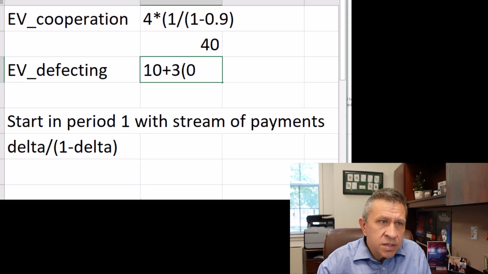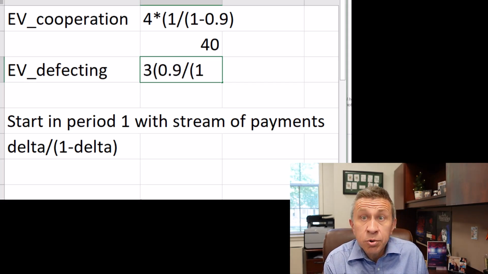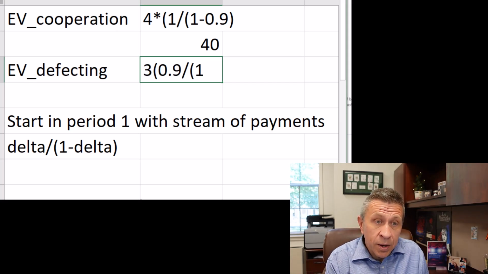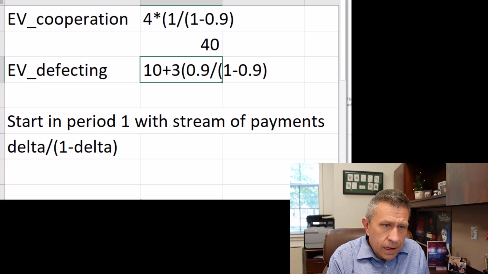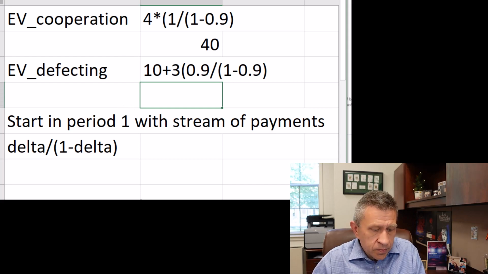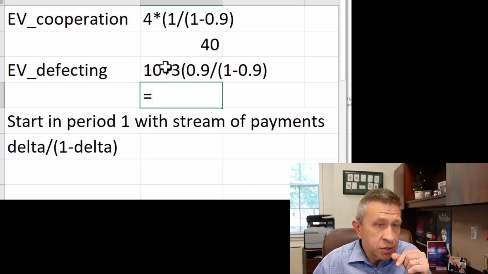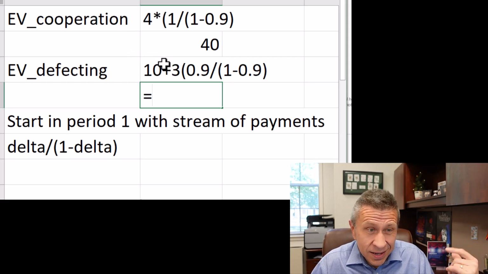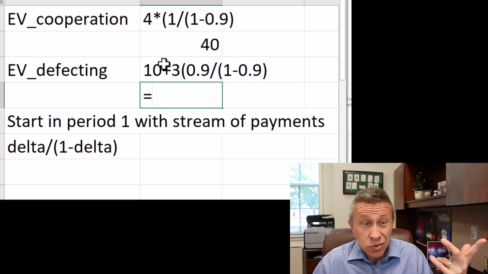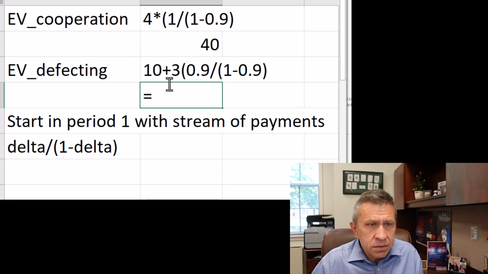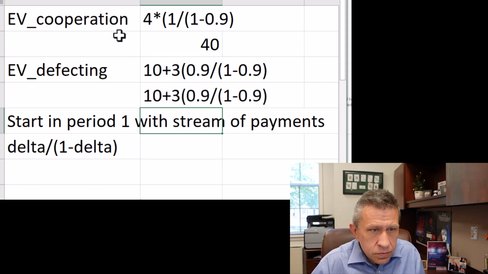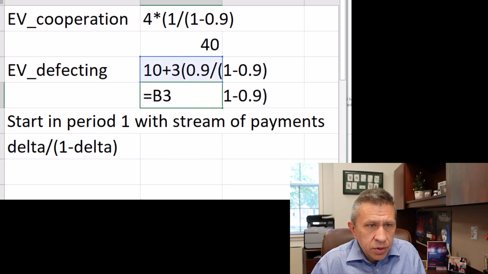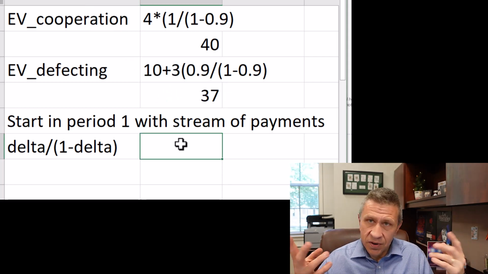So that's 0.9 divided by 1 minus 0.9. And that will work out to 10 plus 3 times 9, which ends up being 27, which gives us a total of 37. Excel can figure this out for you.